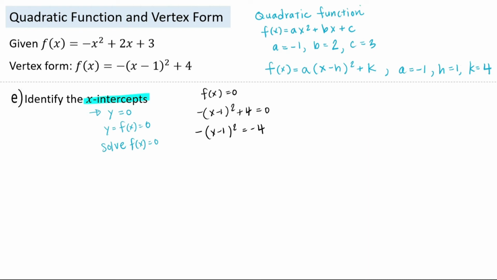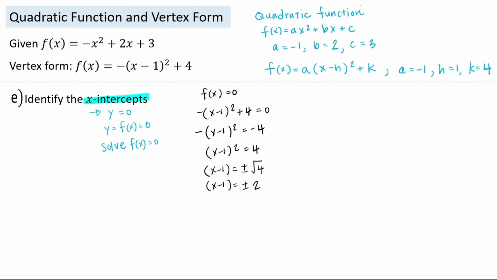By dividing both sides by negative 1, we get x minus 1 squared is equal to 4. By taking square roots on both sides, we have x minus 1 is equal to plus minus square root of 4, which is plus minus 2.